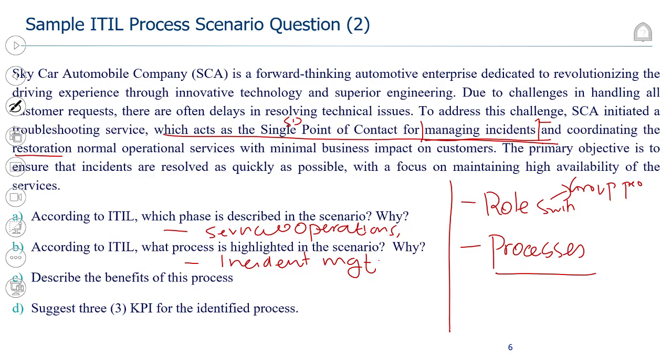You can use the primary objective because incident management's primary objective is to ensure that the incidents are resolved as quickly as possible with focus on maintaining high availability of the services, because that is what incident management is all about, okay? It's in the service operations phase because there is something to do with the service desk there.